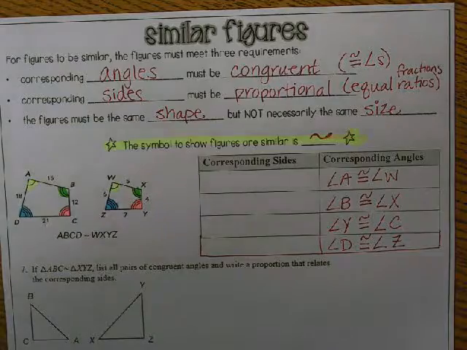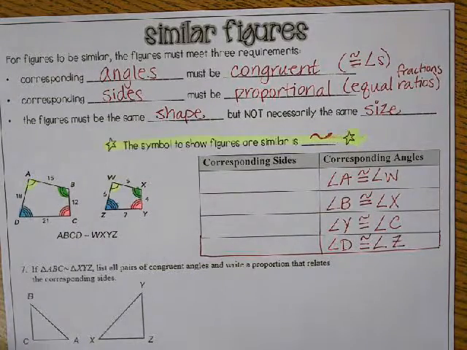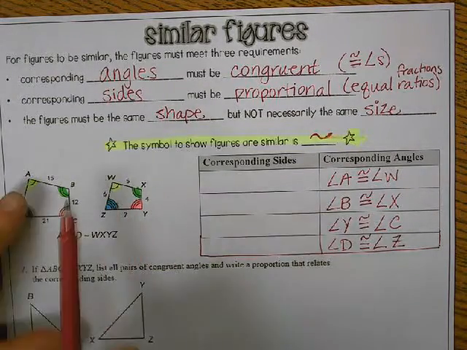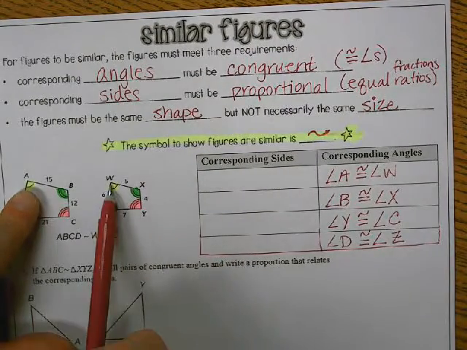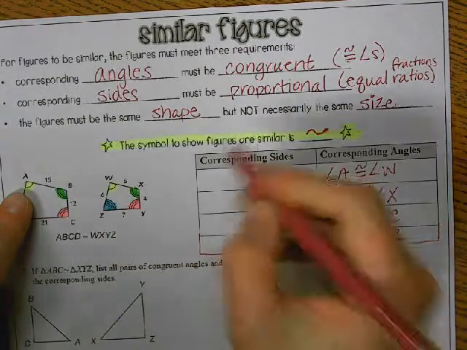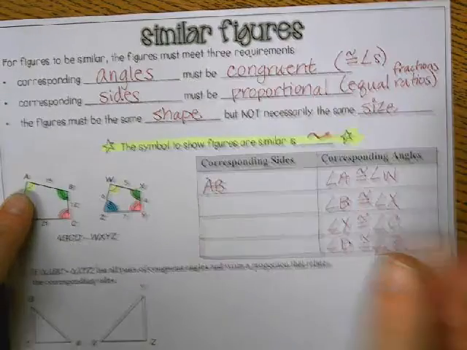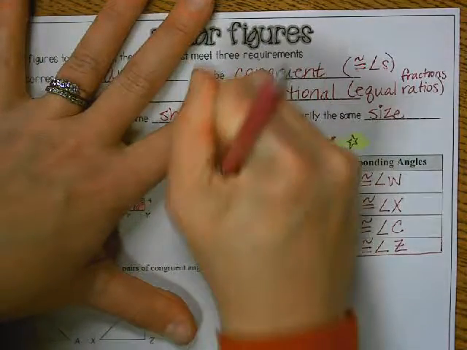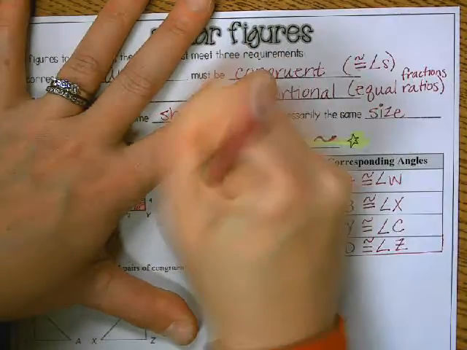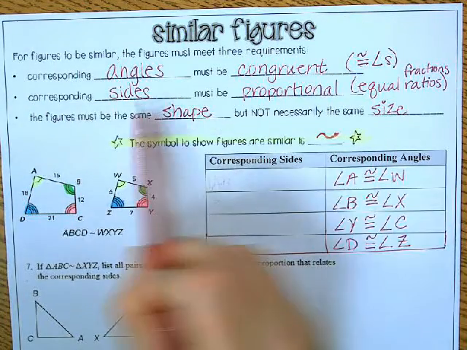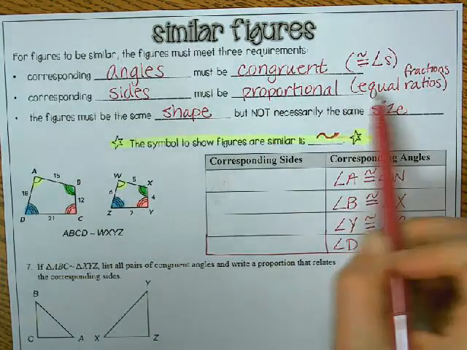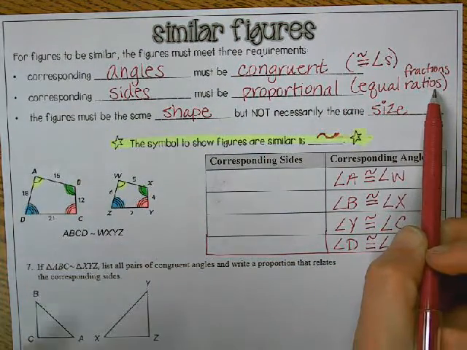Now to figure out my sides, I want to make sure I'm listing them by following along with where the angles are. So this was yellow and green, so I want to go yellow-green. So side AB. Actually, what do we know about the sides? Are they congruent? No. Sides must be proportional, which means we need to make ratios or fractions.